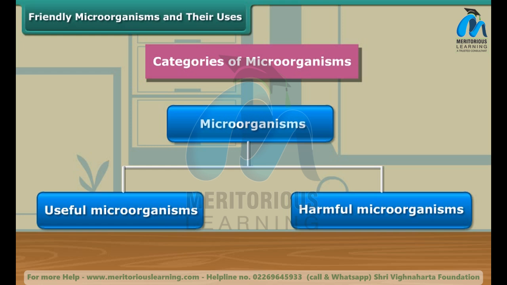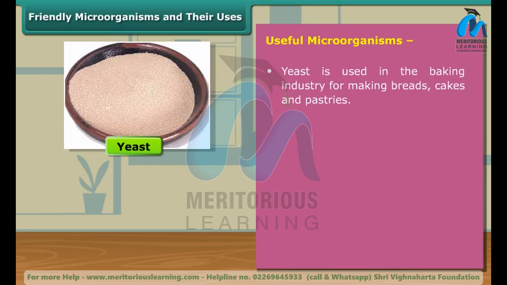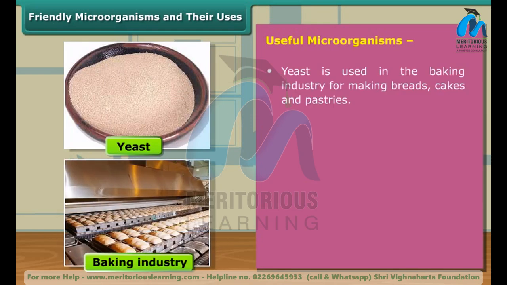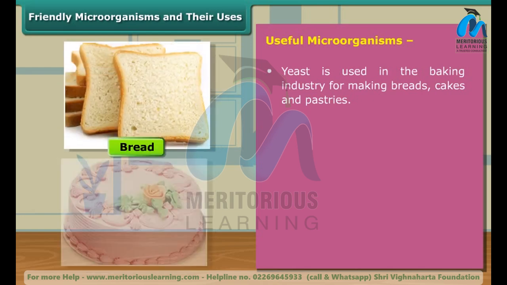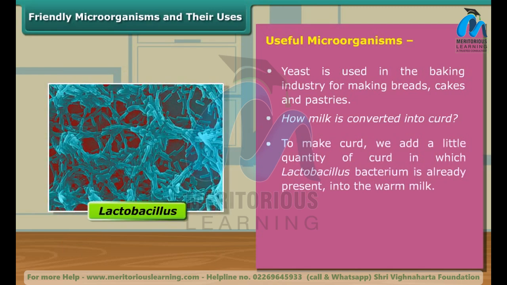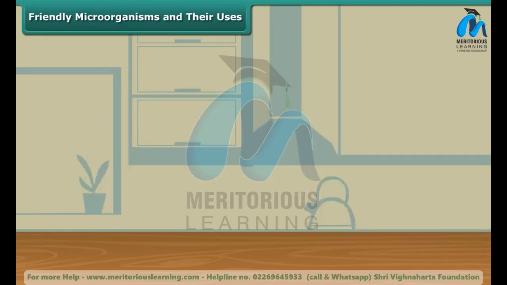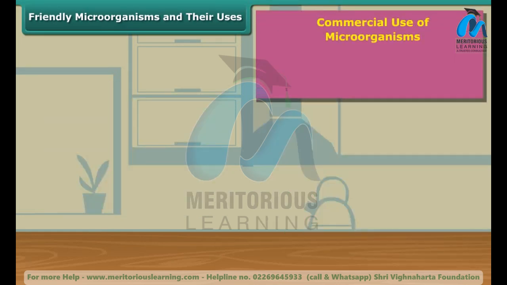One such friendly microorganism is yeast. Yeast is used in the baking industry and in our homes for making breads, cakes, pastries, etc. The bacterium Lactobacillus is useful to make curd from milk. Microorganisms are also useful in the commercial and medicinal fields.